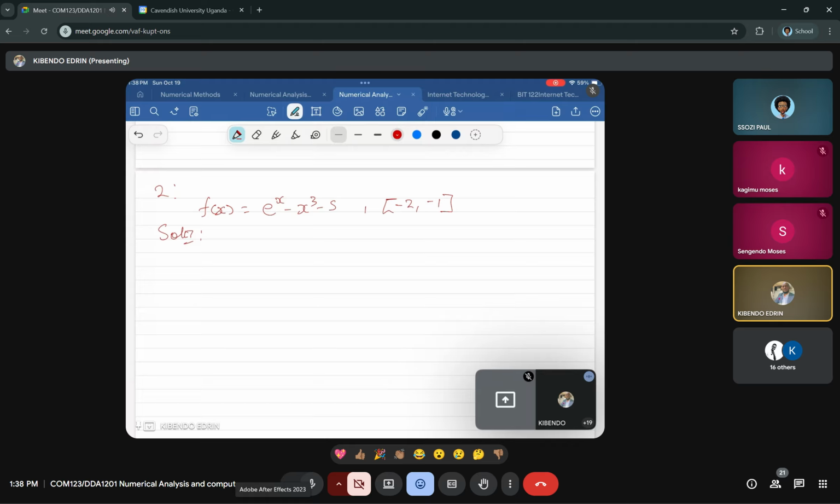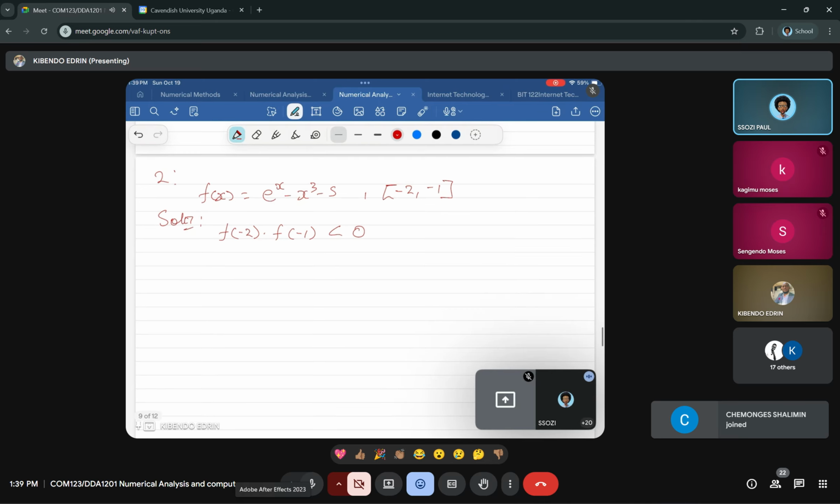Why? So I want to find if f of -2 times f of -1 is less than 0. That means we can have the bisection. Bisection can be used here.